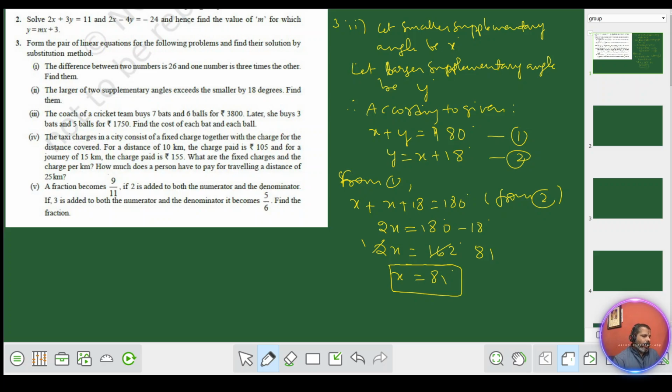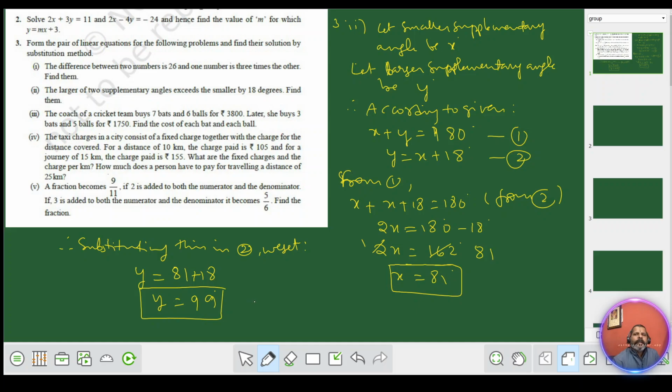Okay. Now, substitute this in 2, we get y. Therefore, substituting this in 2, what do we get? y is equal to x plus 18, right? x means 81 plus 18, y equal to, when we add it, 99 degrees.